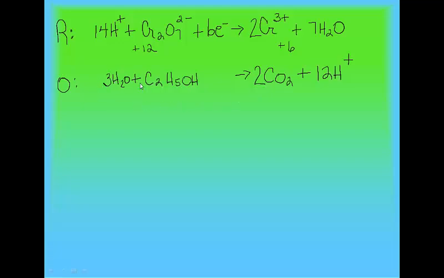Compound neutrally charged, the overall electrical charge of the left side of my oxidized half reaction is a 0. The right side, this is 12 times a plus 1, a total of plus 12 electrical charge. In order for them to be equal, 0 to plus 12, I must lose 12 electrons.